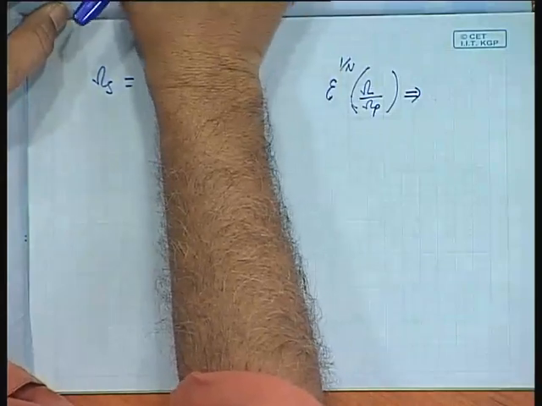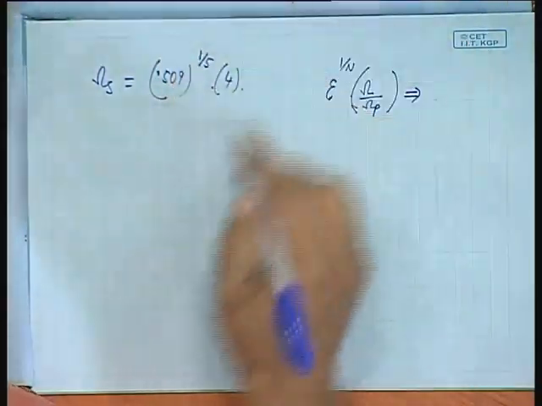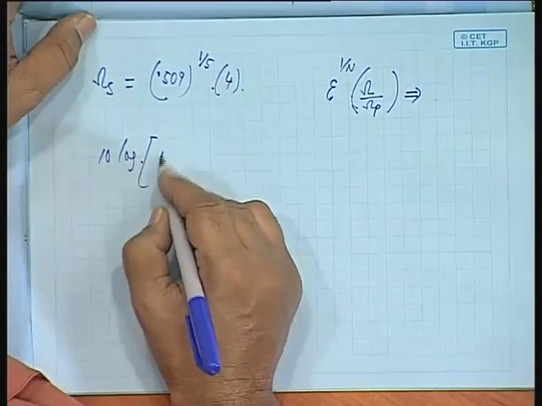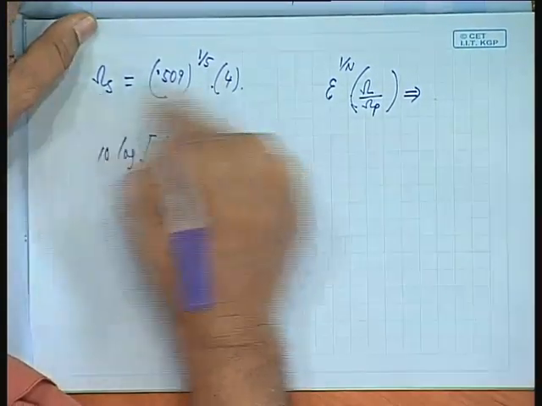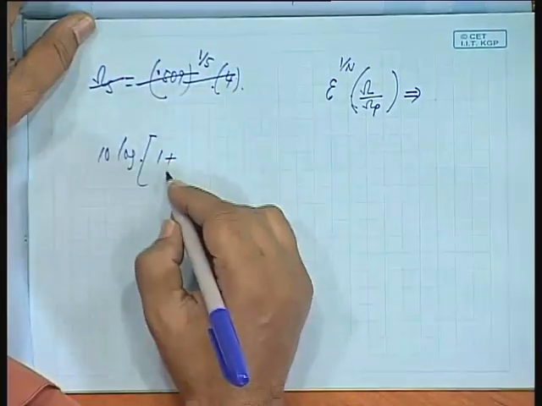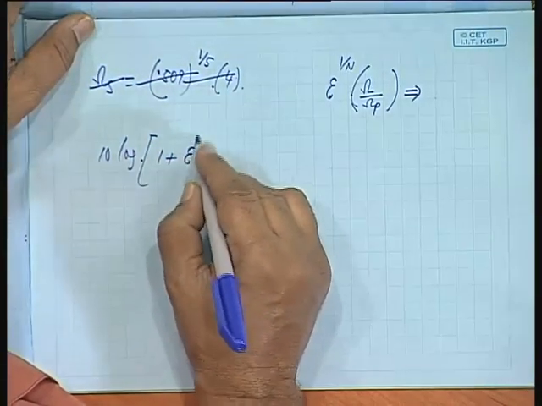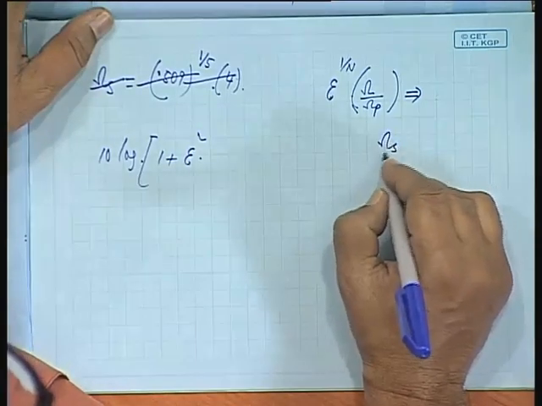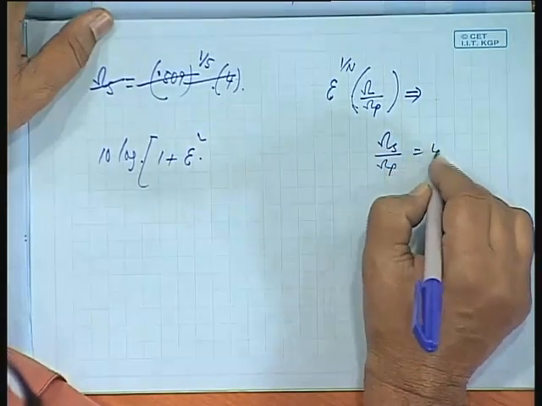You can see the loss function was 10 log 1 plus epsilon squared omega s by omega p, and how much is that? Is equal to 4.